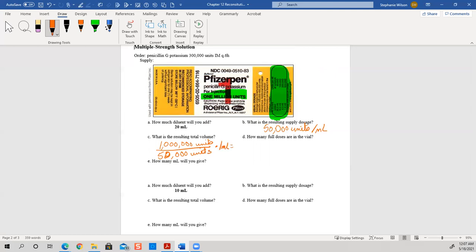And so 1 million divided by 50,000 is 20 milliliters. Let me make sure my notation's a little better. Our spacing is not as great. So it's 20 milliliters. And it kind of cut into the space over here on D. So I'll do my best to scoot over.